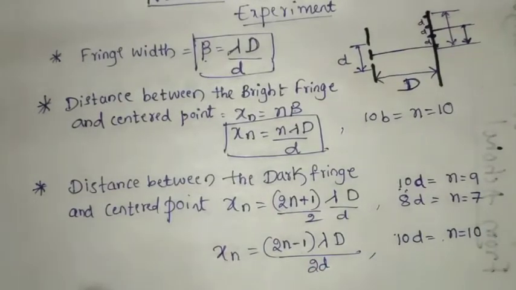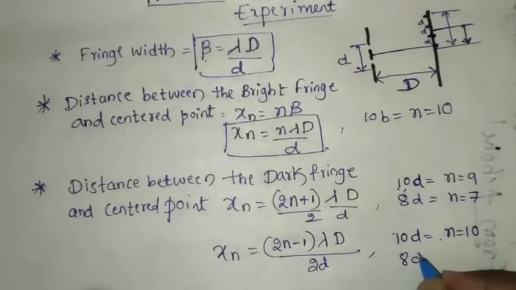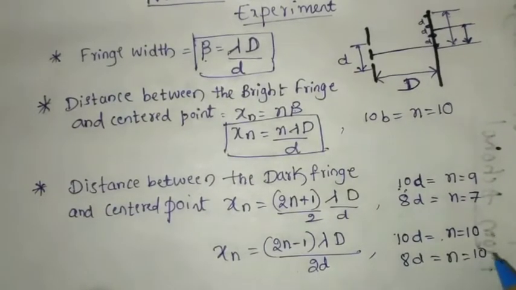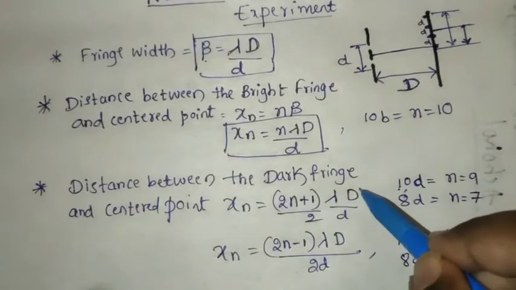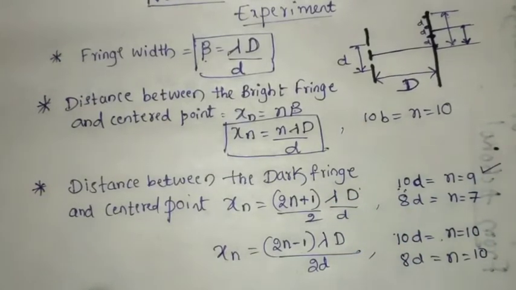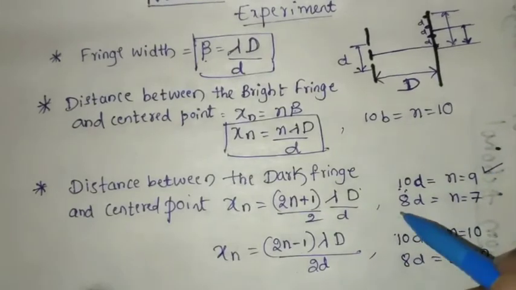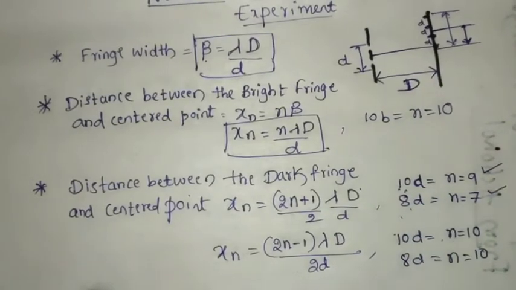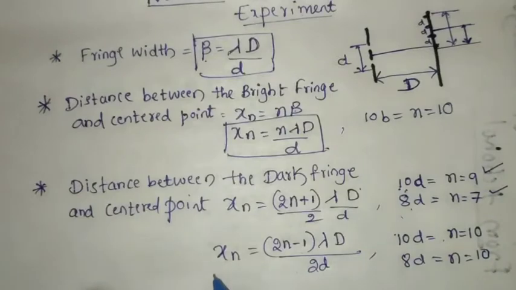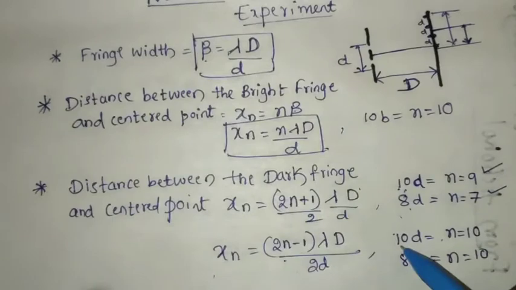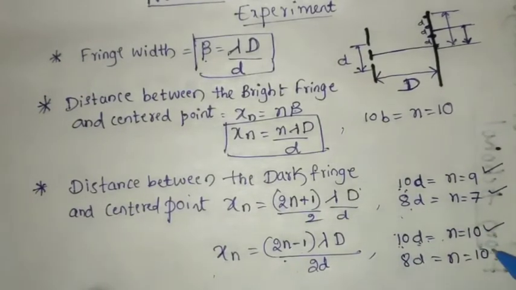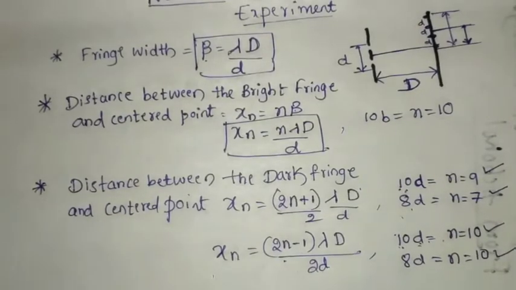With 2n plus 1, n reduces by 1, so for the 10th it is 9 and for the 8th it is 7. With 2n minus 1, n remains the same. This is the basics of the formulas and of Young's double slit experiment.